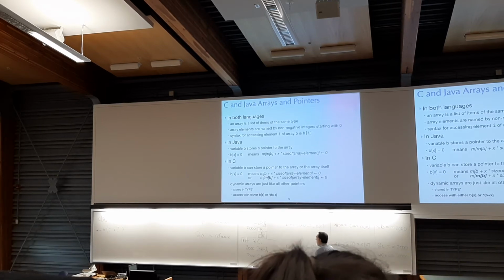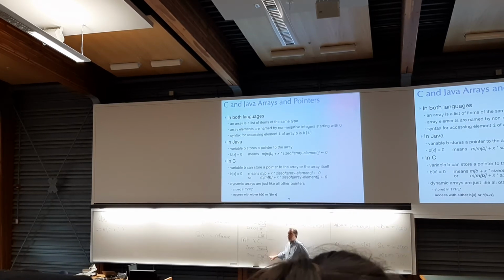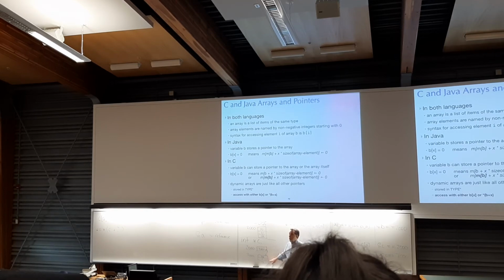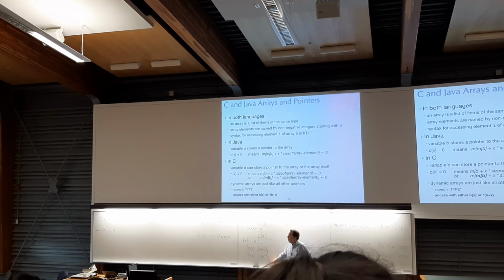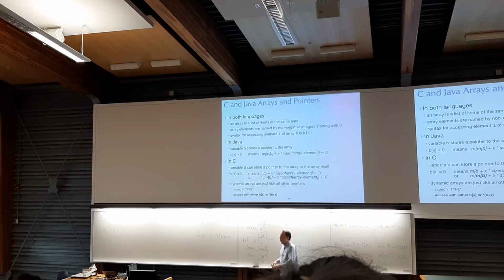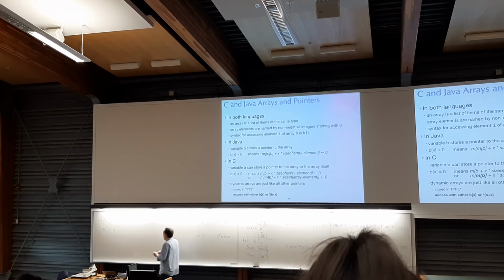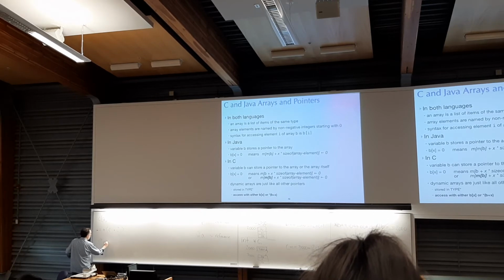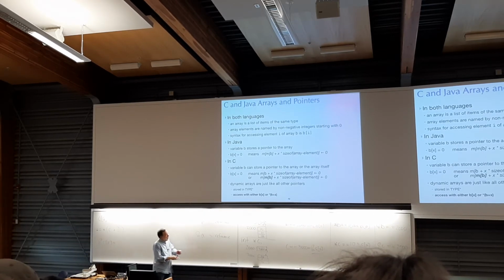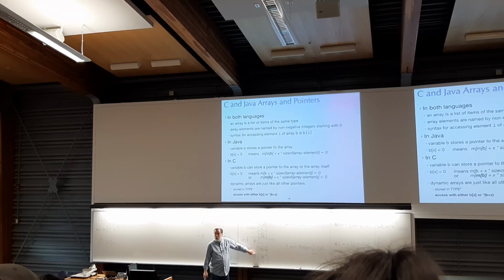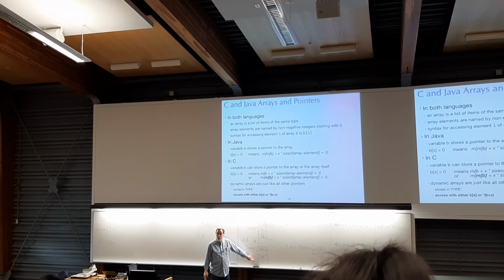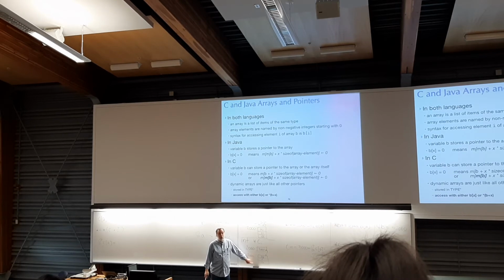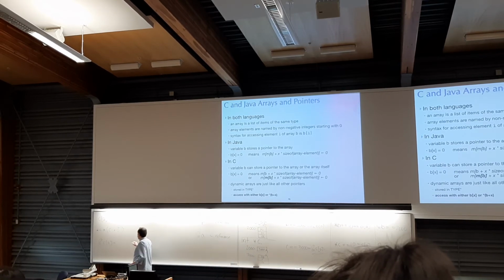Well, we can ask the question, what is the address of B sub 2? Sorry, C sub 2. So what is the address of C sub 2? Well, the address of C sub 0 is 3,000. C sub 1 is 3,004. The address of C sub 2 is 3008.